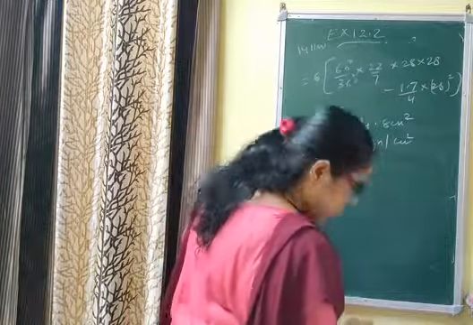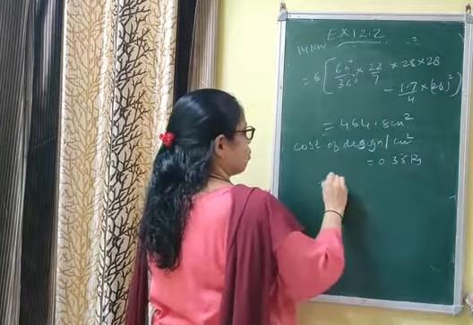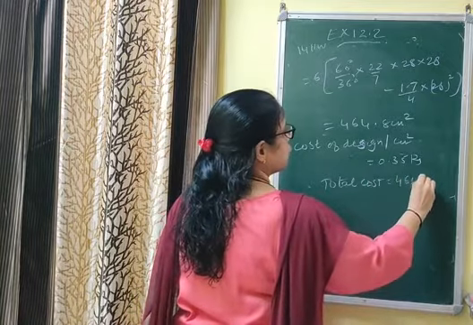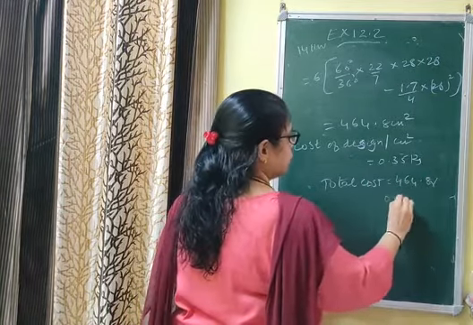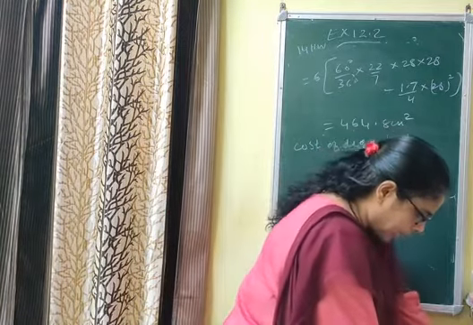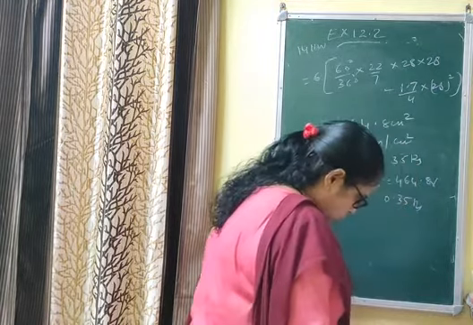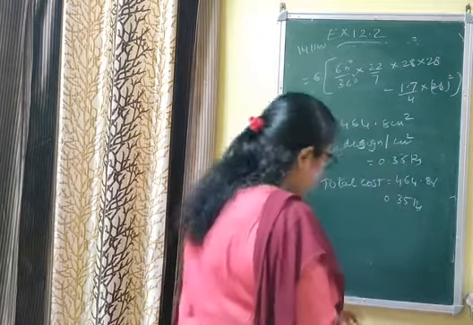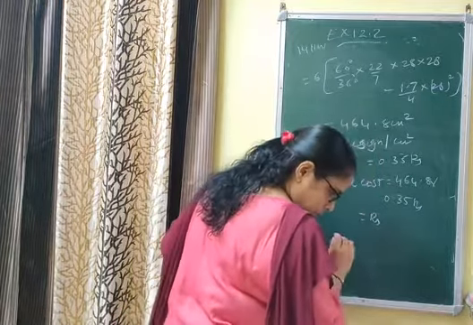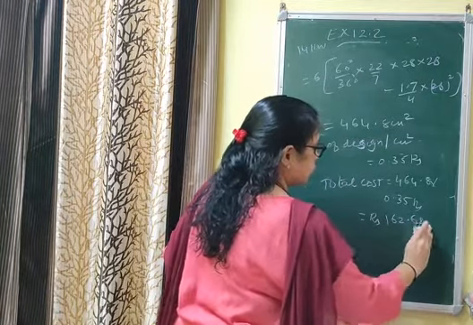Therefore total cost of the design is equal to 464.8 into 0.35 rupees, and if you solve this, you will get the answer as rupees 162.68. This is question number 13, 162.68 rupees.